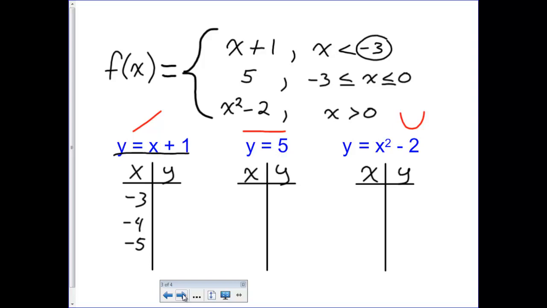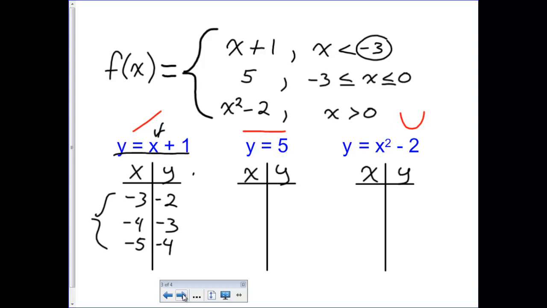If I input a -3 in place of x, -3 plus 1 produces a -2, and there's my first point. If I input a -4, I'll get a -3 out. If I input a -5, I'll get a -4 out. So I have 3 points that I can graph and then draw my straight line.